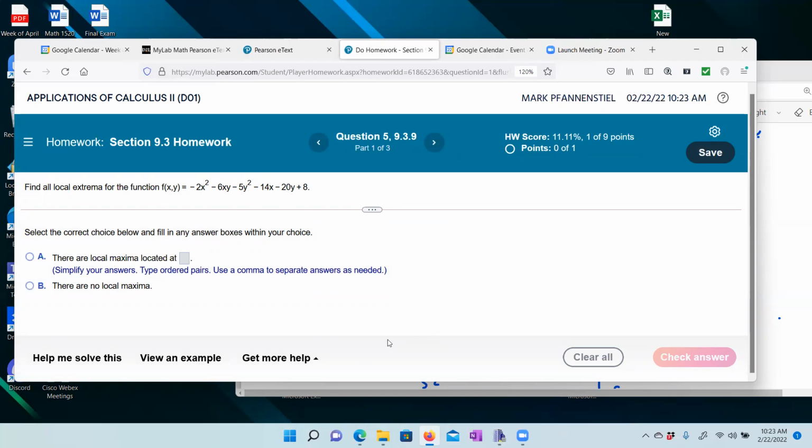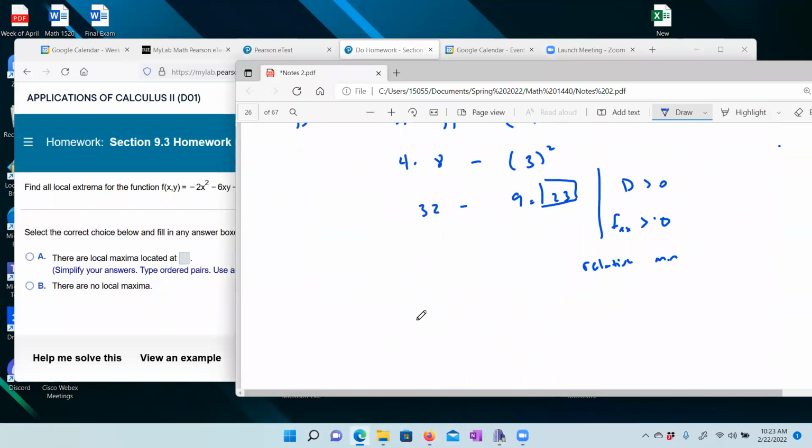Some of them are tilted, because this little XY term means that they're tilted. A whole other class is where you get to figure out what this is, and draw your ellipses and things like this. I don't know if it's an ellipse, but that's the kind of thing you're looking at.